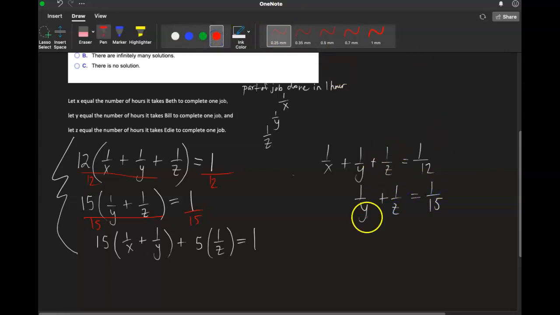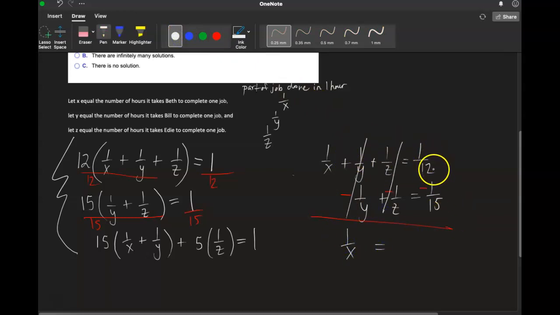And then multiplying the second equation by a -1 on each term, and using that elimination process, we could get 1 over x equals 1/12 minus 1/15. All right, and that's that 1 over x is 1 over 60, so x must be 60. Okay, so that gives us one value here.